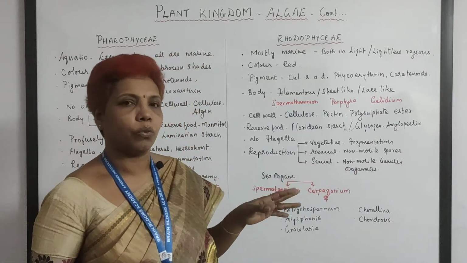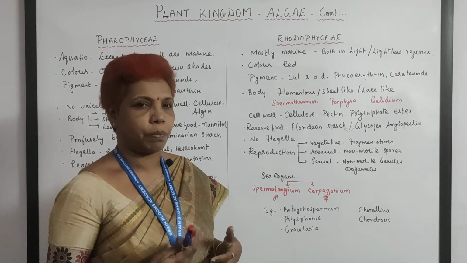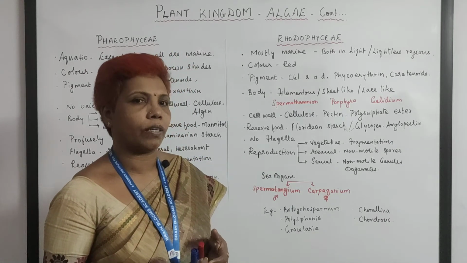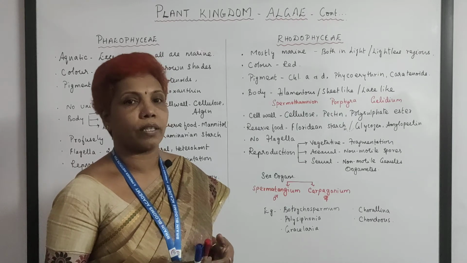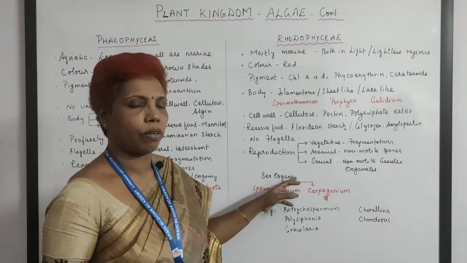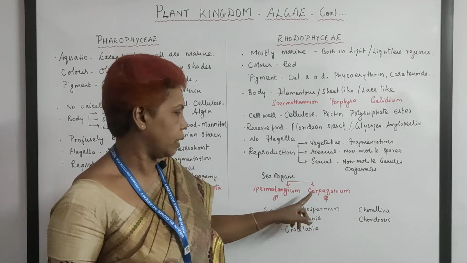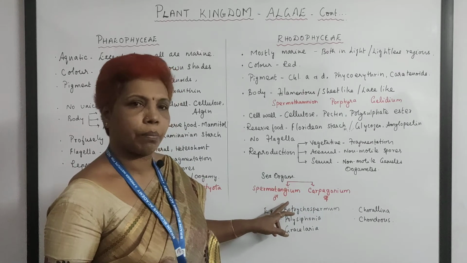They are absolutely oogamous. But the specific feature here is that they have special sex organs for reproduction, a male sex organ and a female sex organ. The female is called carpogonium and the male is called spermatangium.